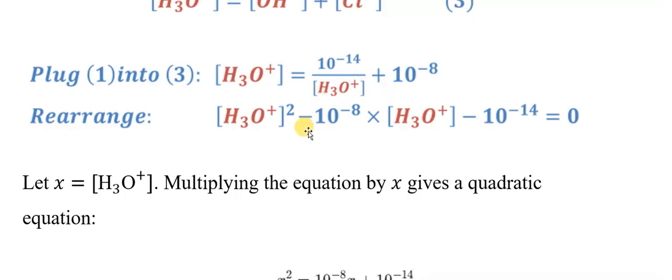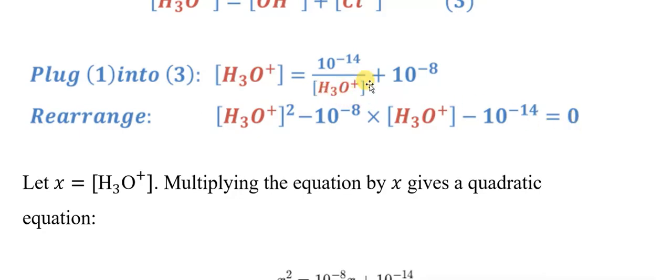Next, if we rearrange this equation, multiplying by the hydronium ion, we get the square of the hydronium ion, plus 10 to the power minus 8 going to the left side with a negative sign, multiplied by the hydronium ion, minus 10 to the power minus 14 equals 0.